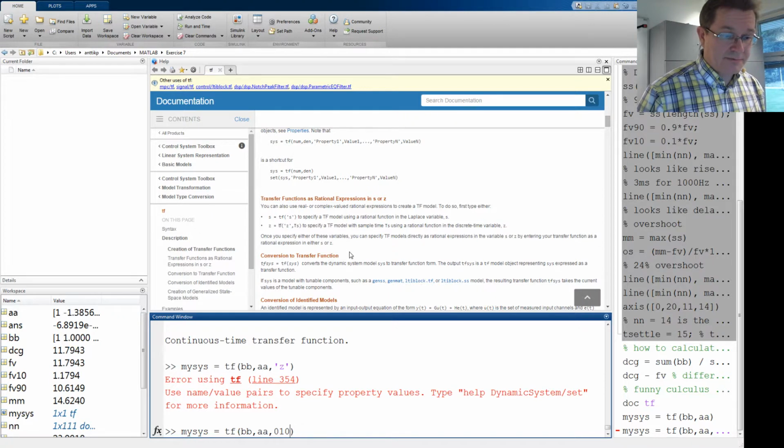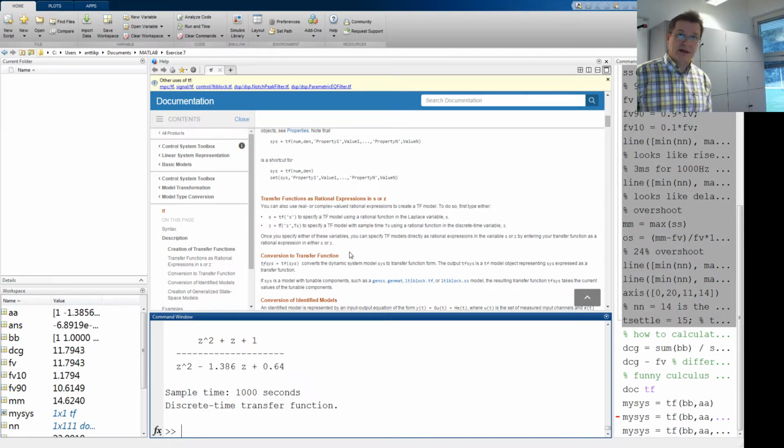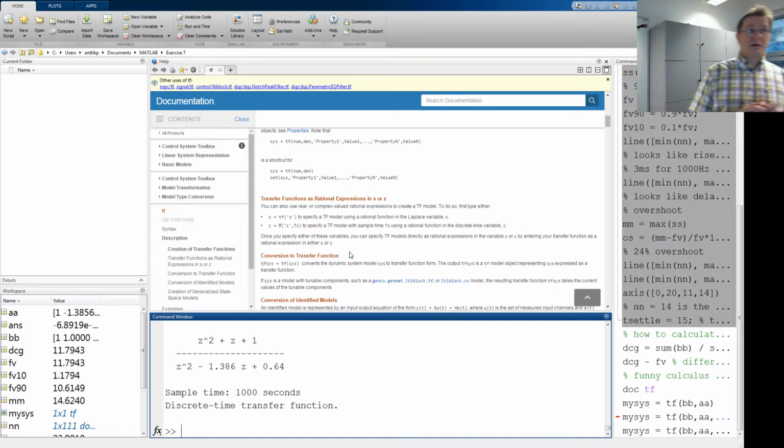I will put the sampling rate here. That should work. Yes. Discrete time. In Octave, actually, you don't need to define it separately as discrete time. That's the default. In MATLAB, for some reason, it's continuous time.